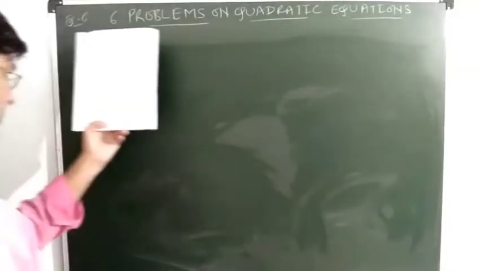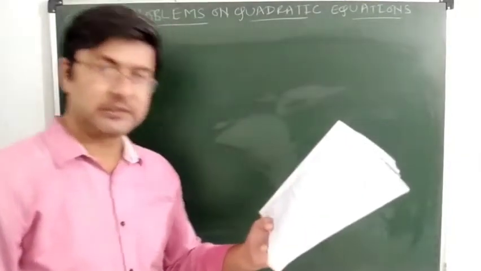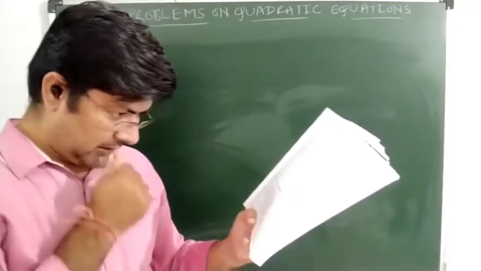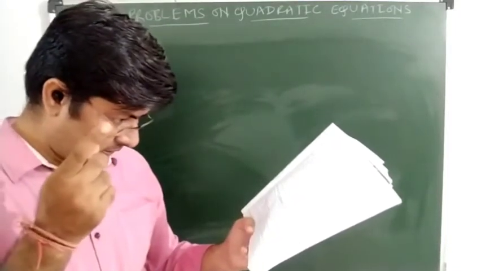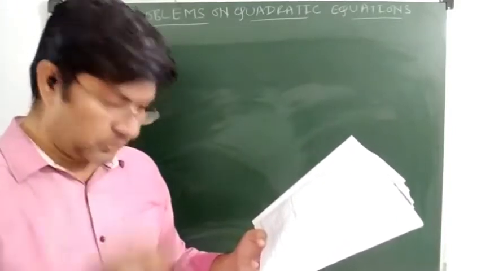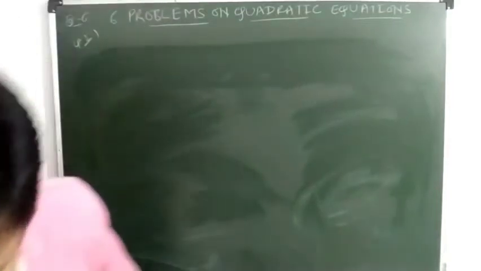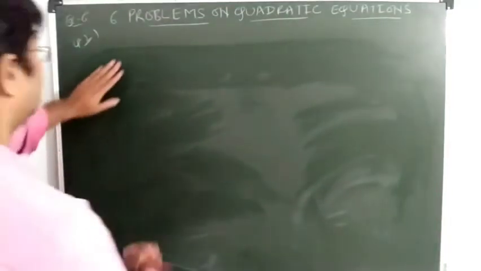Find the two natural numbers. Again, we have to find two natural numbers. The difference between the two natural numbers is given, 4, and their product is 221. The difference of two natural numbers is given, 4.